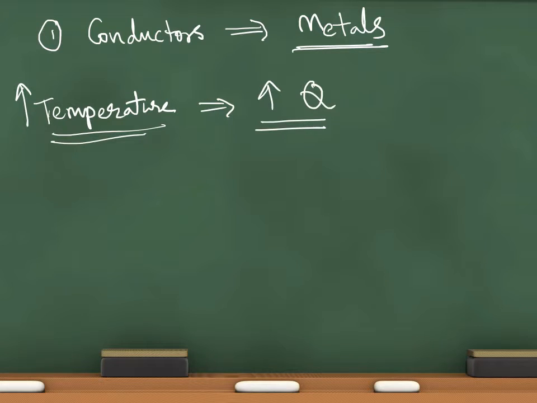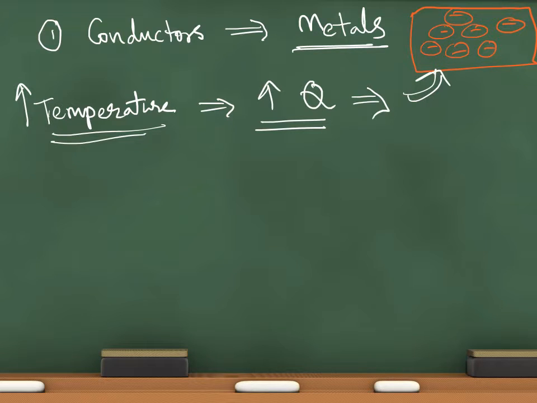In conductors there are already many electrons. Metal conductors I can represent as having more free charge in a particular body. Suppose I have a material like this, with already a large number of charges.